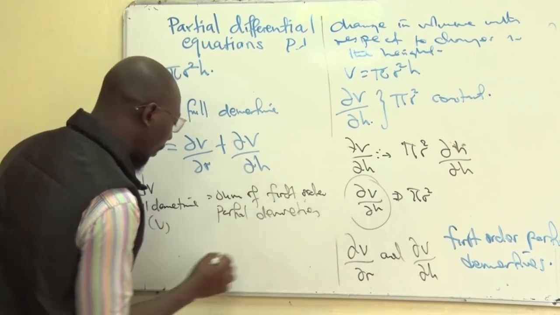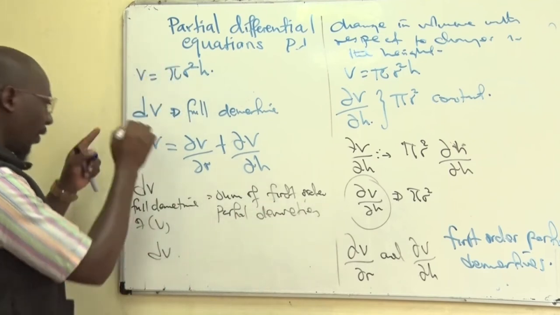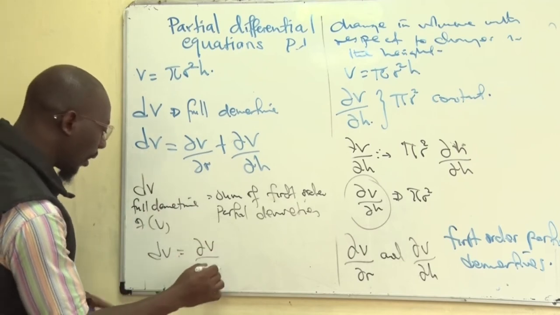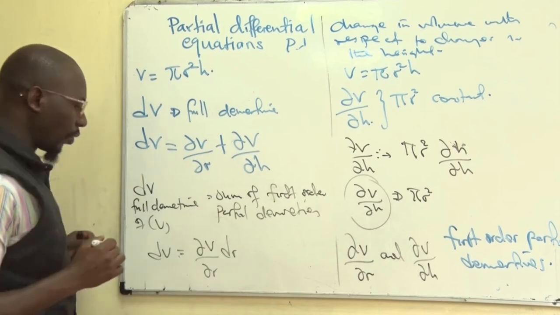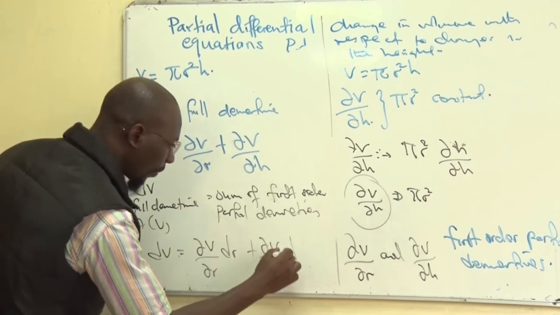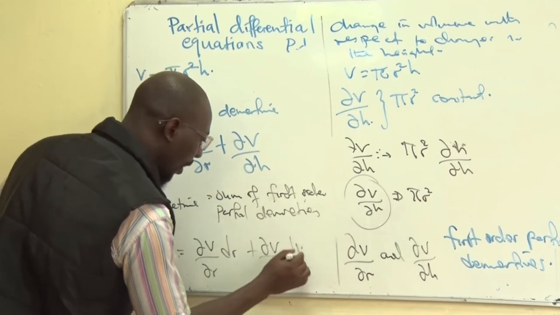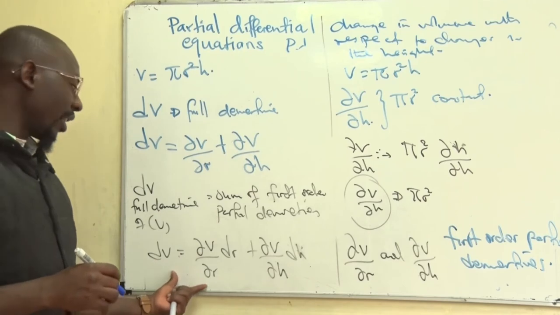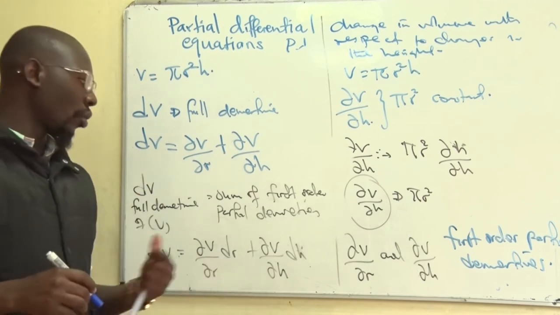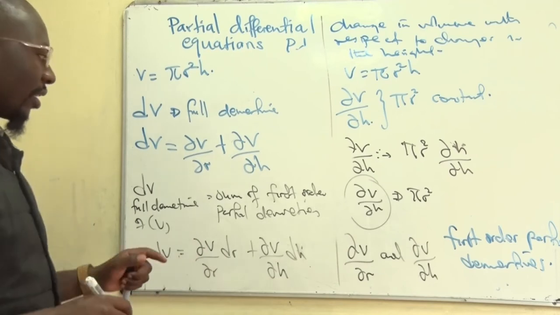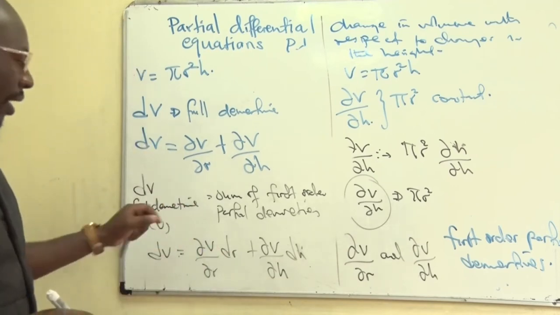So you sum, that is dv, as we've demonstrated there, is given by dv over dr multiplied by dr, plus dv over dh multiplied by dh, which is the full derivative. And this one we shall mostly apply when approximating the changes using partial derivatives. We shall do that in our next video.